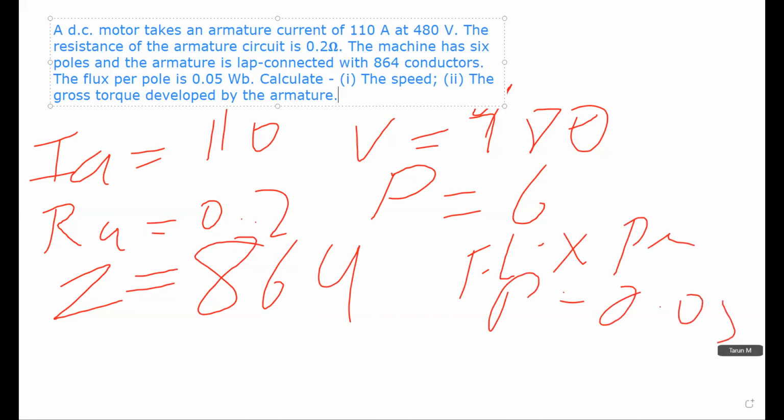All these things are given in the problem. And what do they want us to find out? They want us to find out speed and gross torque developed. Guys, have you written this much? Yes, sir.